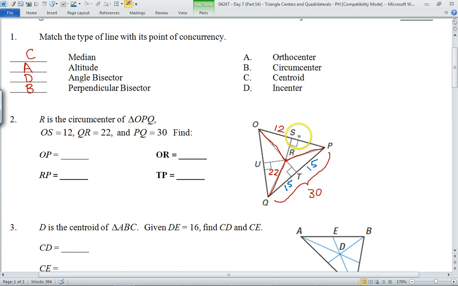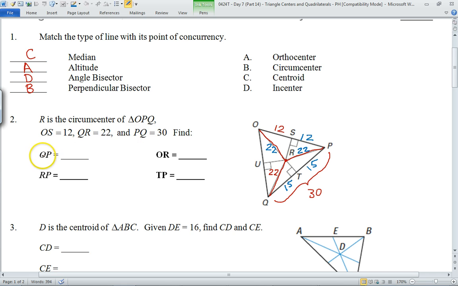That means if this is 12, this is 12. Alright, that's the nature of a bisector. I said from the beginning that these 3 distances are the same. So if this is 22, that means this is 22, and this is 22. Now if I need to, there's a Pythagorean theorem that can be done all over the place here, but we'll cross that bridge when we come to it. Let's see what we've got so far.